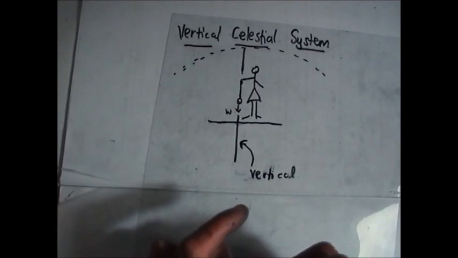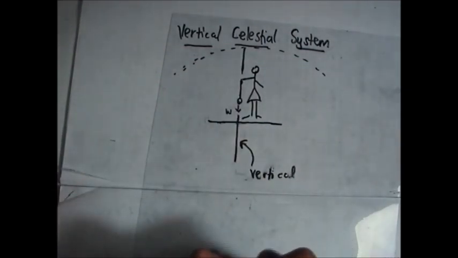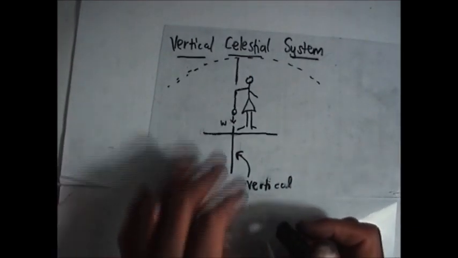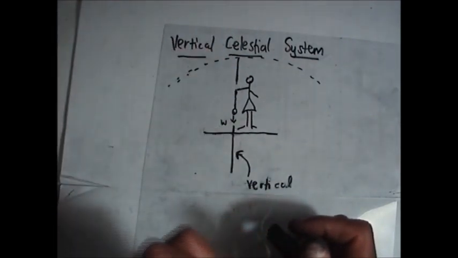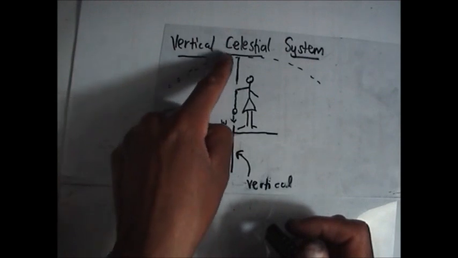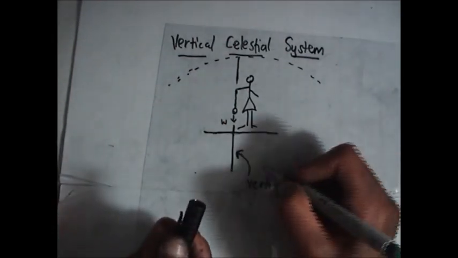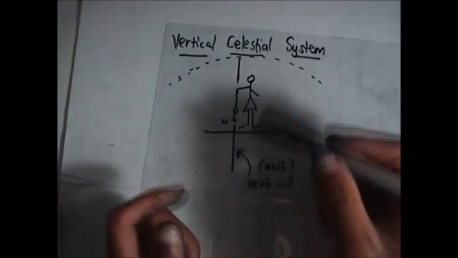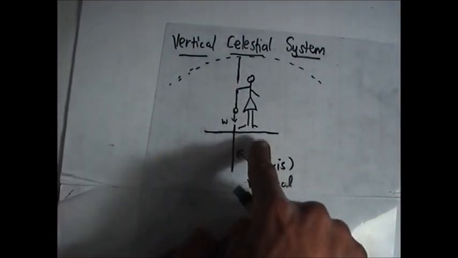Okay, cool. And now in this system, it is a convenient axis of the celestial sphere. This is going to be now our axis of the celestial sphere. You know, in a sphere you need an axis. So we are going to call this vertical line the axis of our sphere, because now we are dealing with the celestial sphere. We're no longer dealing with the geographical sphere where she's standing on.